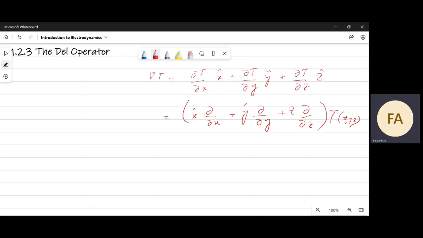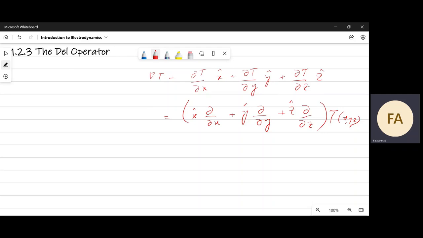So we have the definition of gradient. We put the unit vectors on the other side because the derivative of the unit vector is going to be 0, so we don't want to make it 0, so we put the unit vector on the other side.